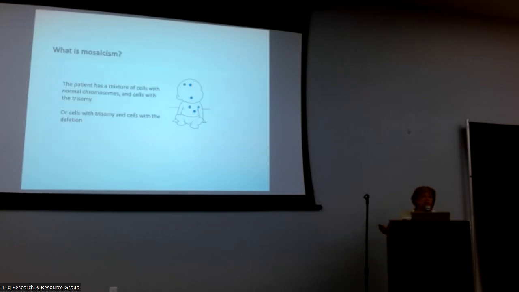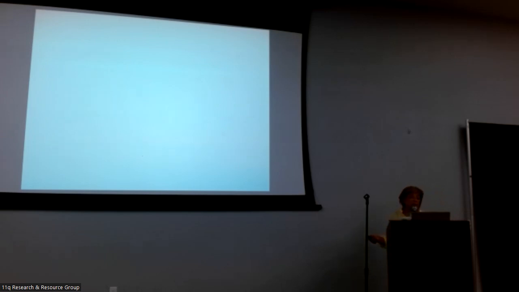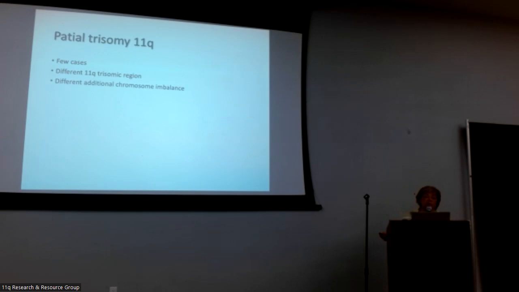What is mosaicism we have seen already: the presence of cells with a different chromosome compound. So we have few cases, different trisomic region, different additional chromosome imbalance, side up, upside down, mosaicism, patients of different ages.